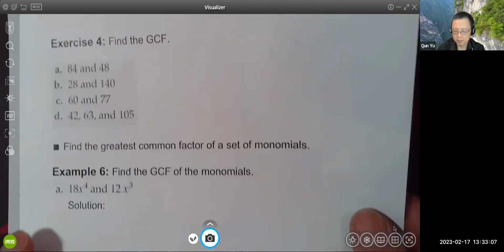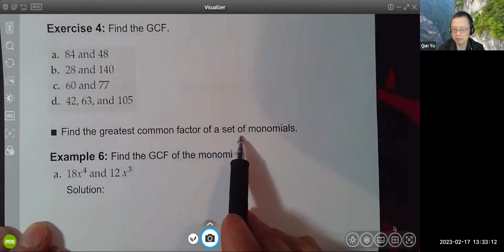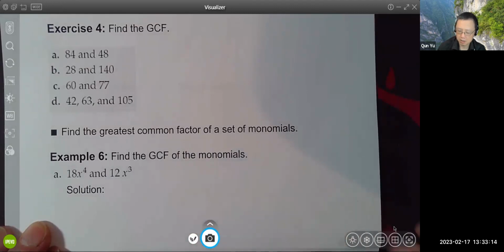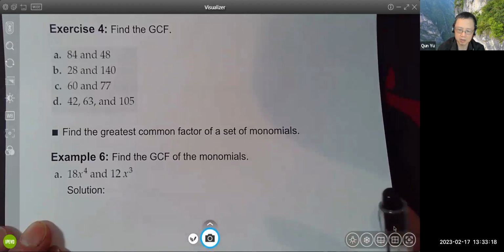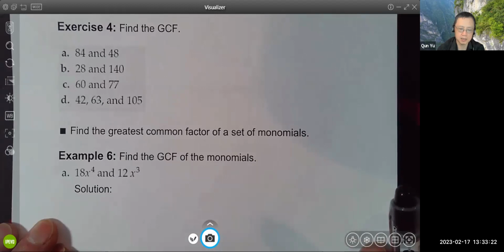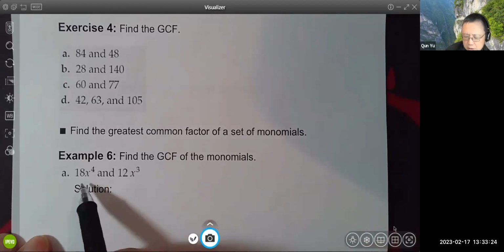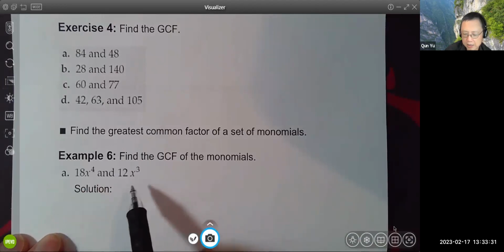Our next topic, find the greatest common factor of a set of monomials. That means we're going to have variables in it, not just numbers. But the basic logic, basic mechanism is identical. So our first example, we want to find the greatest common factor of 18x to the fourth power and 12x to the third power.